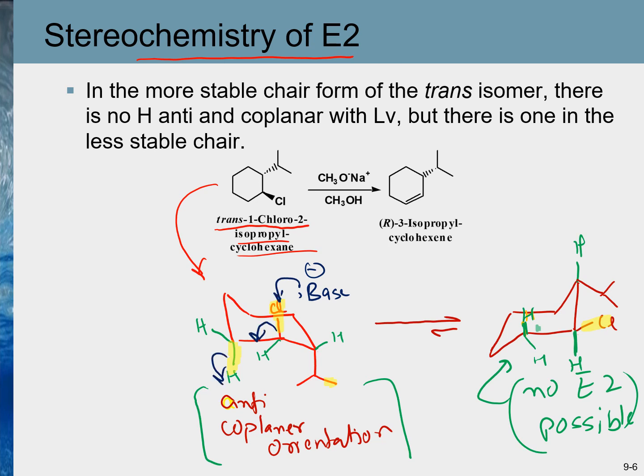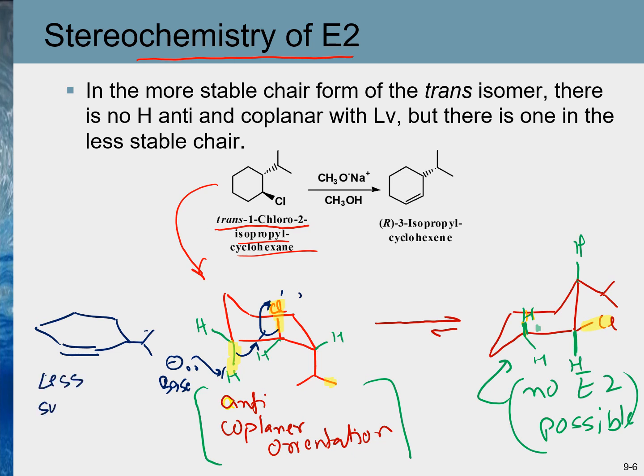The base attacks the proton here, and this goes here, and the leaving group leaves, and this will result in formation of a double bond here, which is not the Zaitsev product. So this is the less substituted alkene.